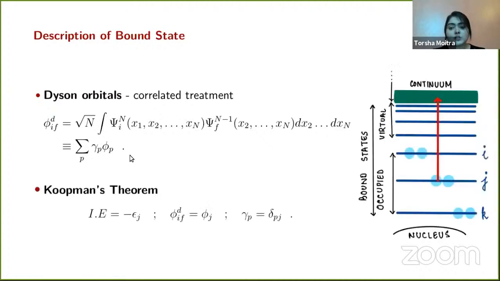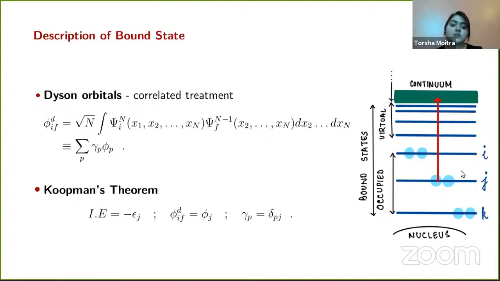Now consider a situation where the ionization is solely occurring from the jth molecular orbital. Under this situation, the Dyson orbital is exactly equal to the jth molecular orbital, and the contribution of the jth molecular orbital towards the Dyson orbital is 1, and all other molecular orbitals have a contribution of 0.